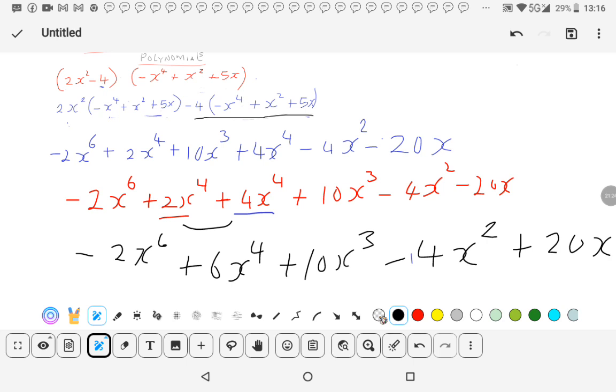With this now, you are done with the expansion of these polynomials.